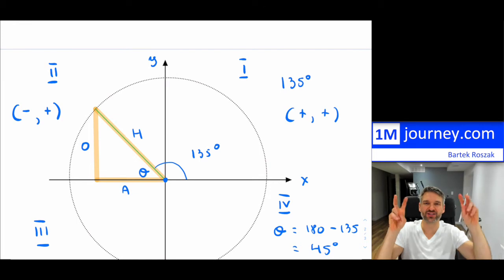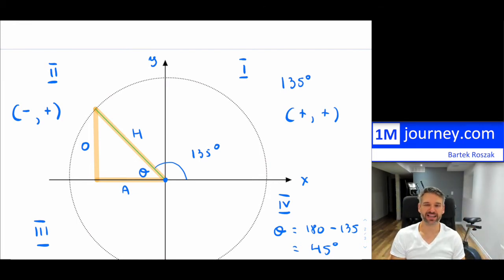So my adjacent, technically, is negative because it's in the negative quadrant. Now, it's not a negative length because we can't have a triangle with negative lengths. All it's telling us is just the orientation is on the left-hand side and not on the right-hand side for an angle of, let's say, 45 degrees or any other angle.